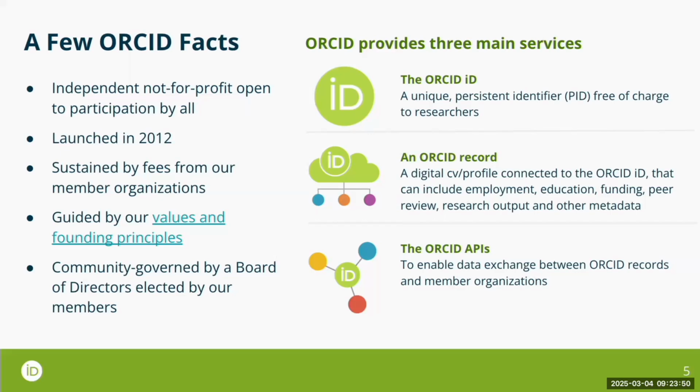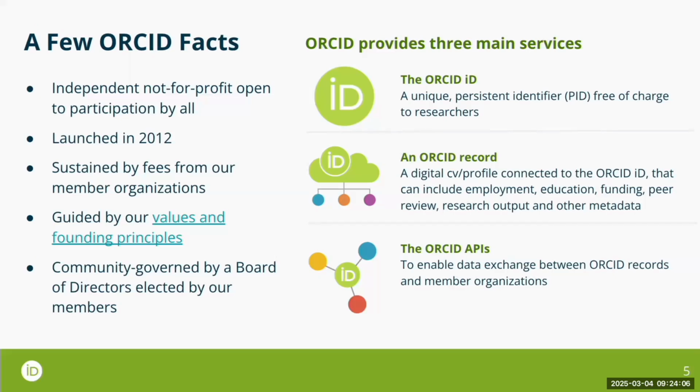It's a kind of digital CV or profile connected to the ORCID ID, and it contains different parts of research information, from education, funding, peer review, etc. The third is a bit more technical: the ORCID APIs. The APIs enable data exchange between the ORCID registry, the ORCID records, and our member organizations. So those are the three services.